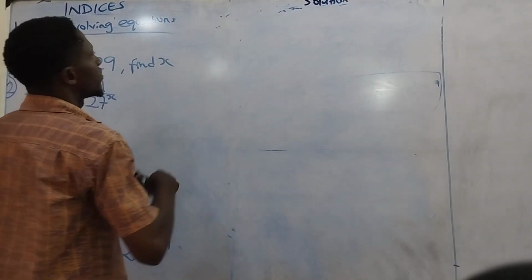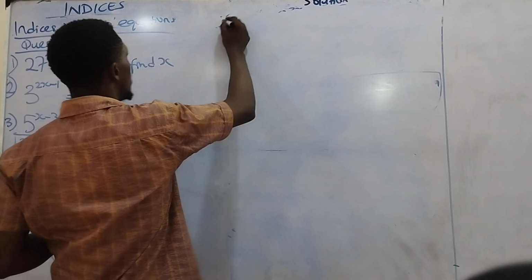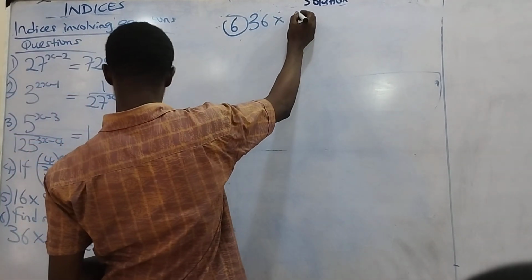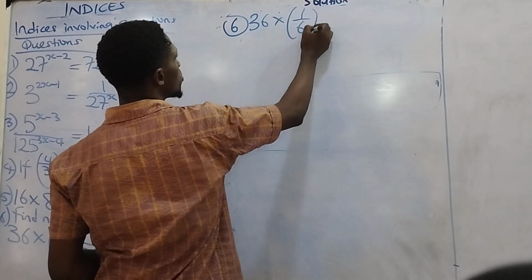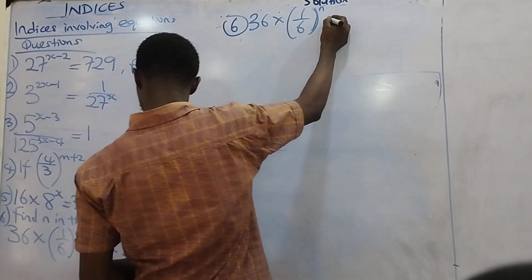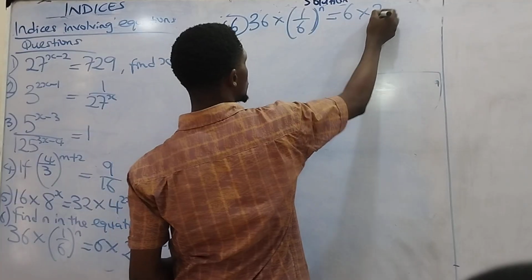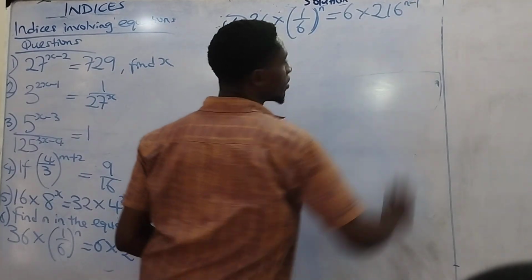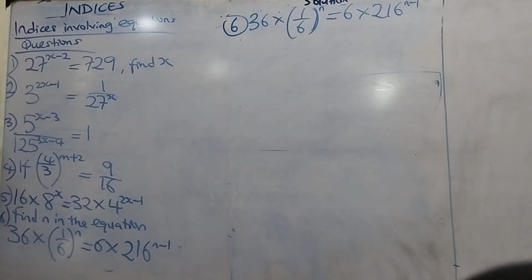Number 6. We have 36 times (1/6)^n is equal to 6 times 216 raised to the power of n minus 1.